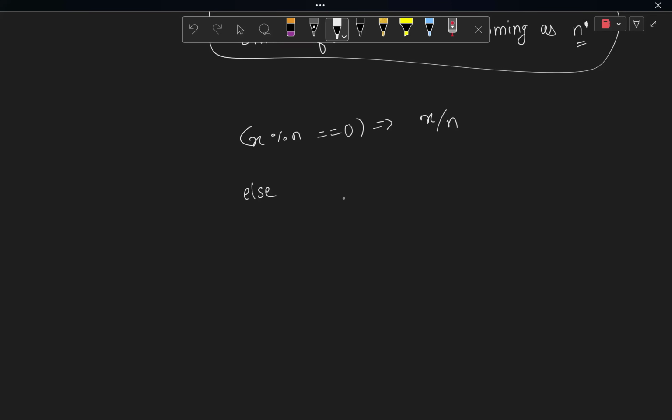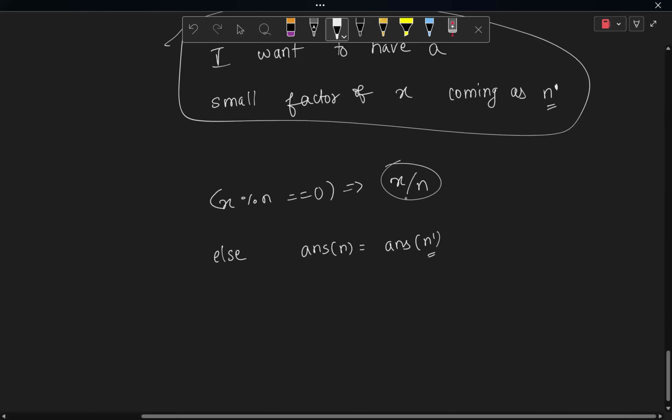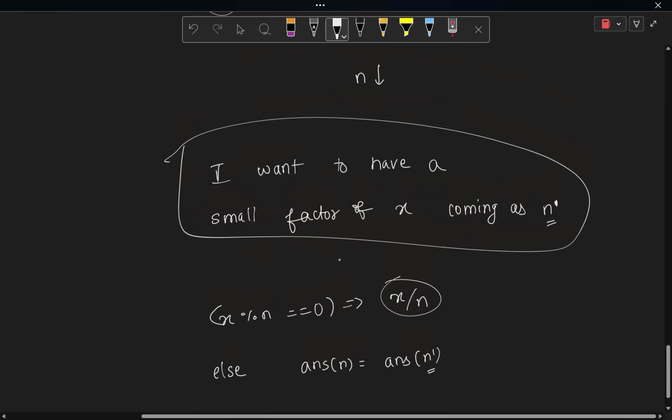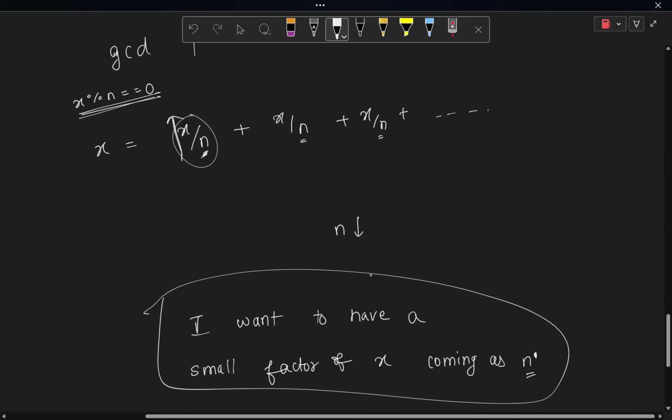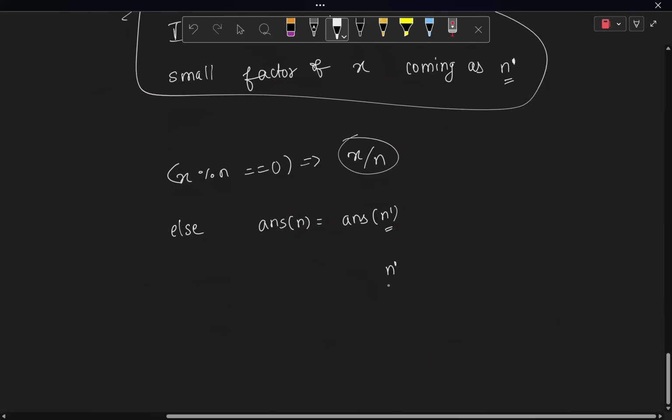In the other case, if x is not divisible by n, the answer would be something like the answer of n dash, where this n dash is greater than n. And we saw one more thing, that the larger the value of n dash is, the smaller the GCD would be. So you just want to find out n dash to be as small as possible.